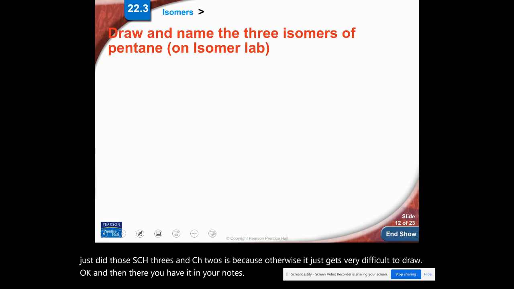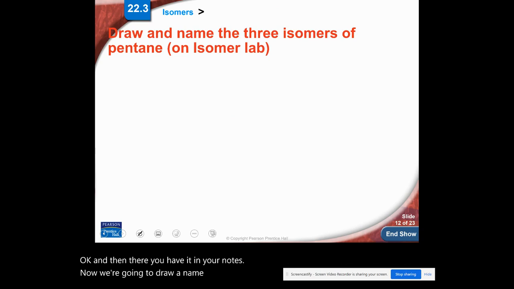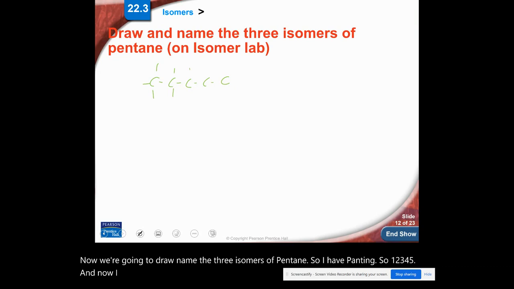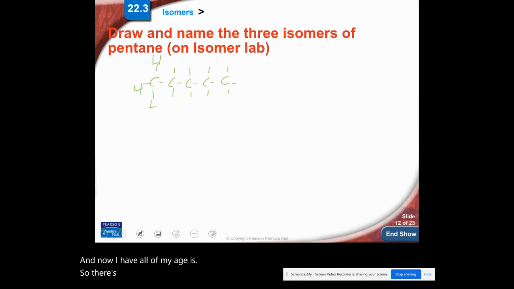Now we're going to draw and name the 3 isomers of pentane. So I have pentane. So 1, 2, 3, 4, 5. And now I have all of my H's. So there's my first isomer. Right?